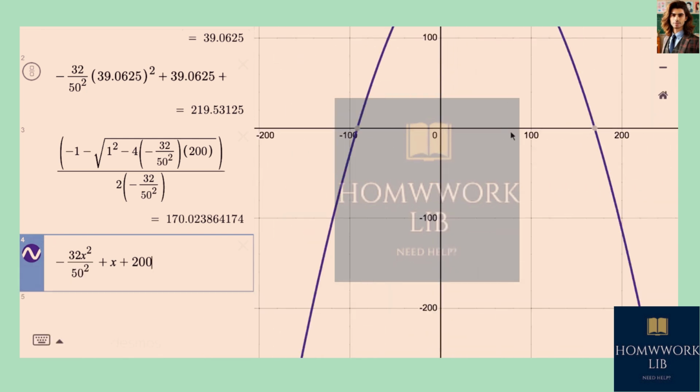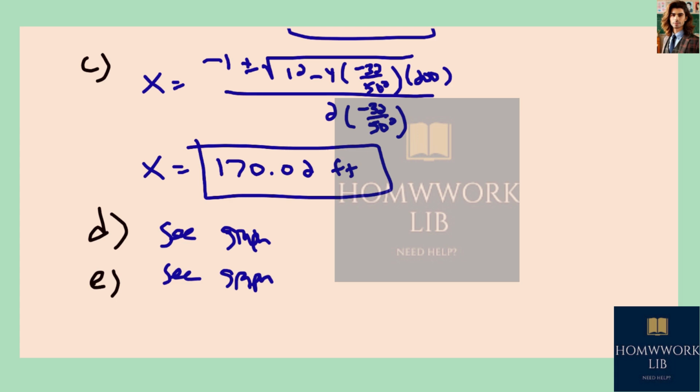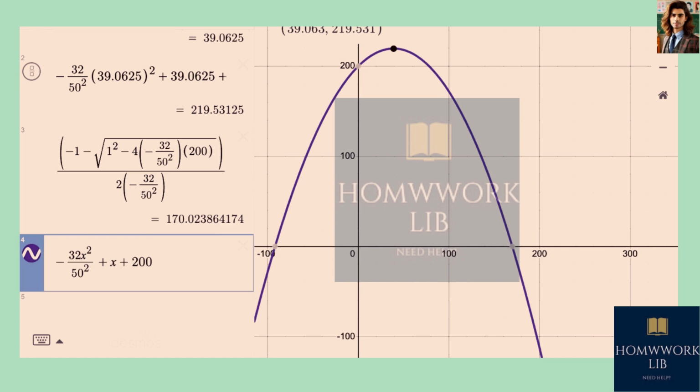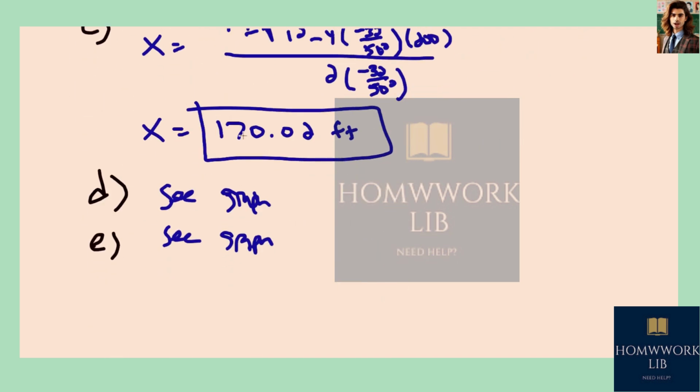There's our graph. We want to verify our solutions. Well, the maximum was 39.06 with a height of 219. That checks out, and it hits the water at 170.02. Exactly correct.